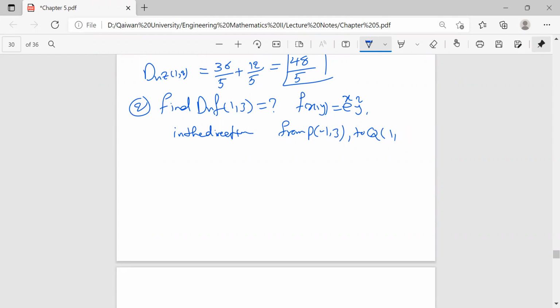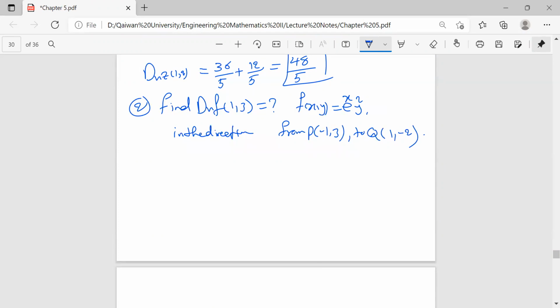Here is all the given information for the example. What should we find? To get DUF, the directional derivative of f in the direction of u, you must have a unit vector and the gradient vector at that point, the gradient vector at that given point at 1 and 3.